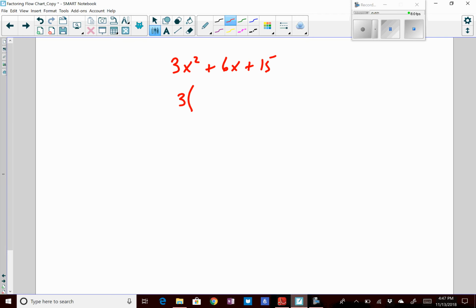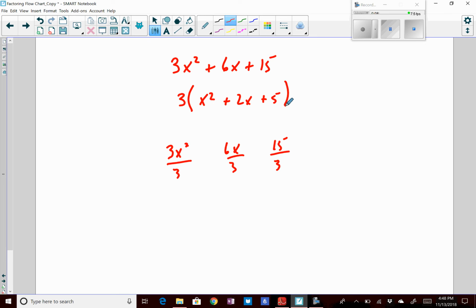So that's what we have here. We have 3 taken out as the GCF. Again, essentially we're dividing each term by that GCF. So in the parentheses, we'll have x squared plus 2x plus 5.